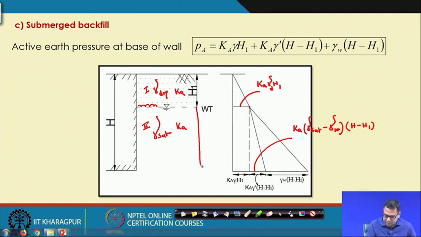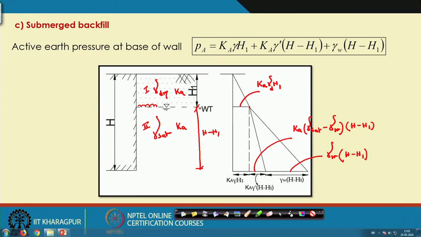So up to this is the earth pressure due to the soil. The second triangle is the earth pressure due to water. This will be gamma W into h minus h 1, because the water table height from the base of the wall is h minus h 1.